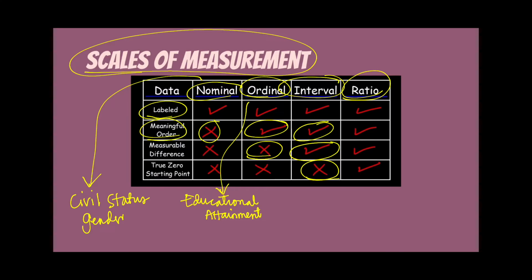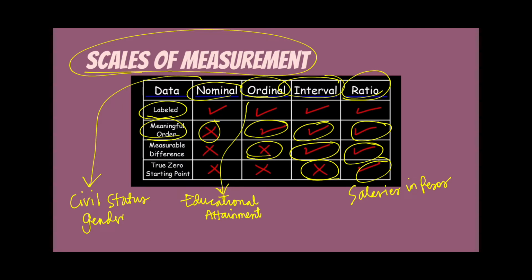The ratio scale has a meaningful order. You can measure the difference between the values and there's also a true zero starting point. An example of a ratio scale would be salaries in pesos.